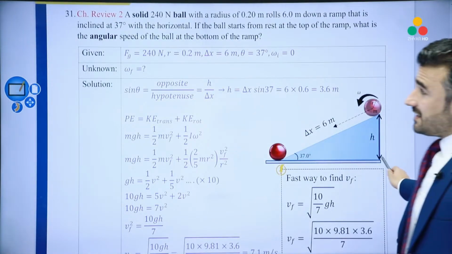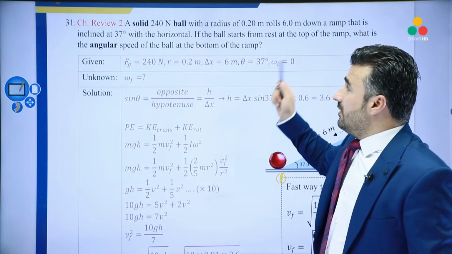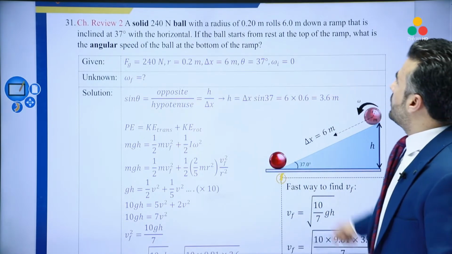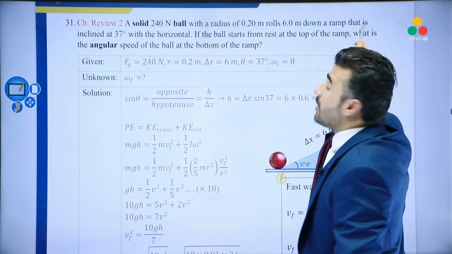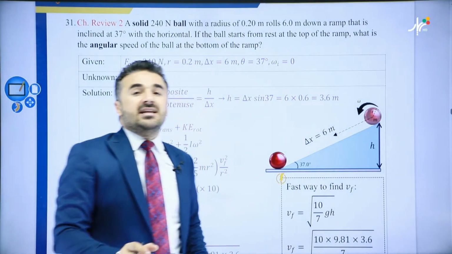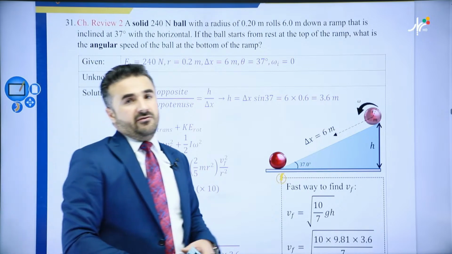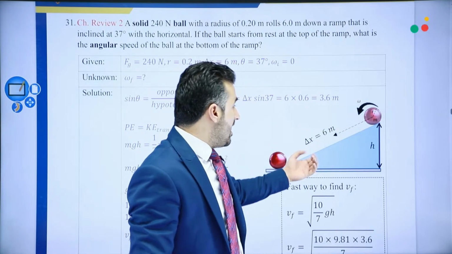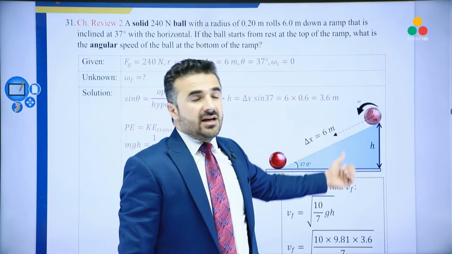Once again, it says a solid ball of 240 Newton with a radius of this rolls 6 meter down a ramp. Remember, this is not the height that the object falls from. This is the distance of the ramp, so delta x is 6 meter.